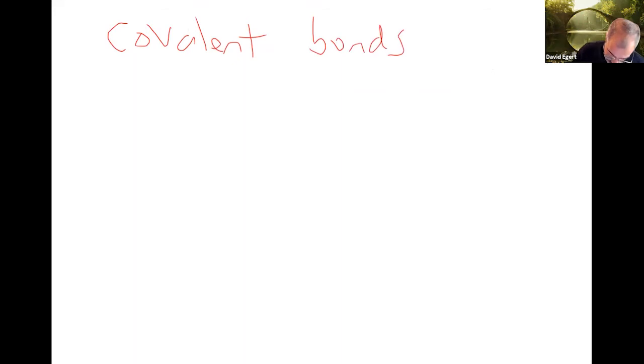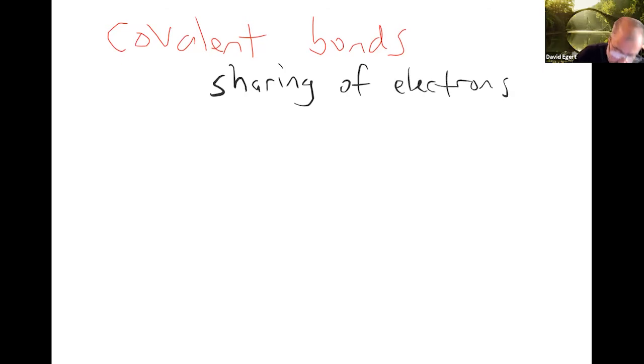So covalent. This is a sharing of electrons. The basic idea is the octet rule, filling the valence shell.